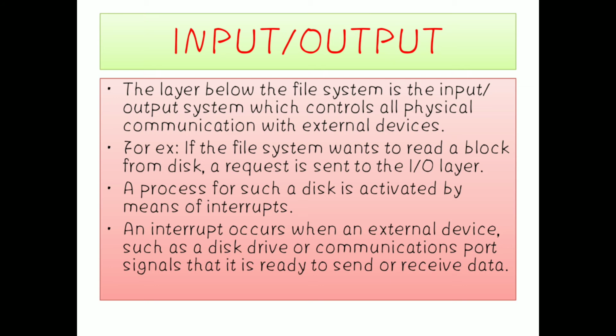Interrupts means some signals will be given. When an interrupt occurs, an external device such as any disk drive or any port sends signals that it is ready to send or receive the data.